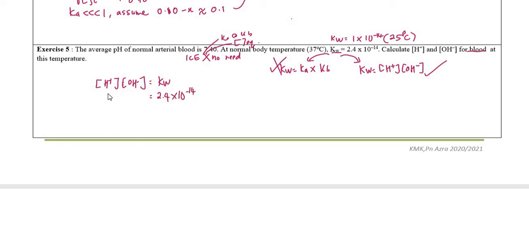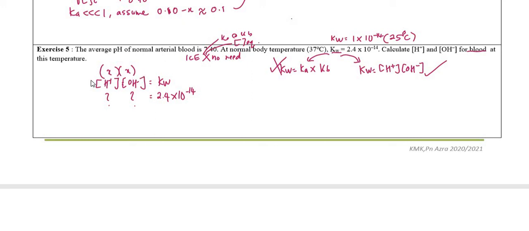Okay, but what's the value for concentration H plus dan OH minus? So di sini you tak boleh assume ini X, because ini bukan normal temperature pada 25 degrees. Bolehlah kita assume sebagai X dan X for this. Ini adalah blood, okay, arterial blood kita.